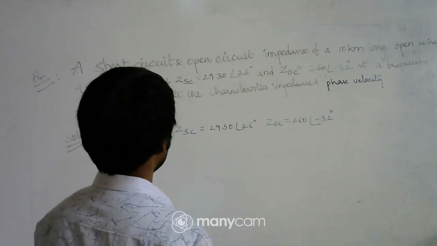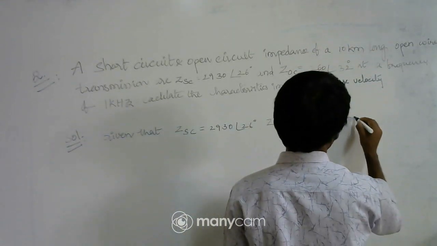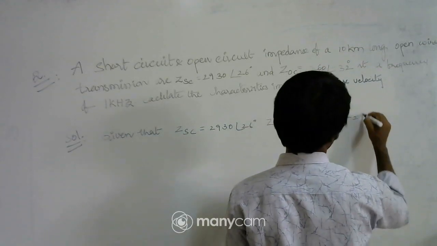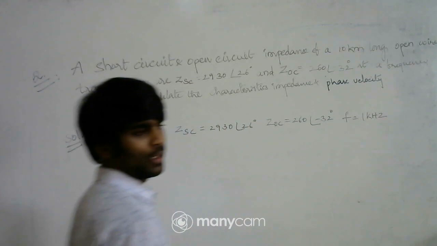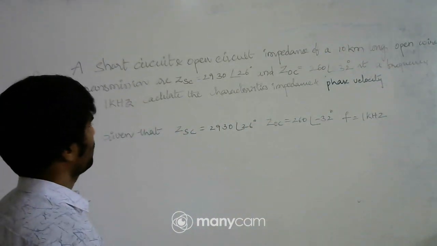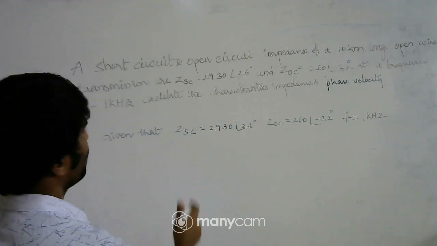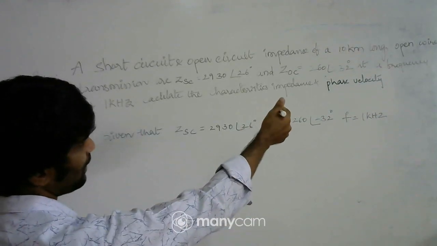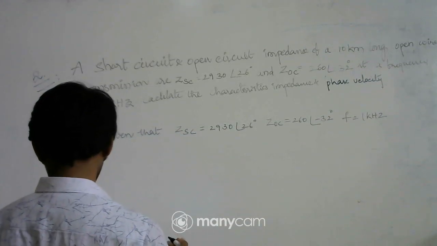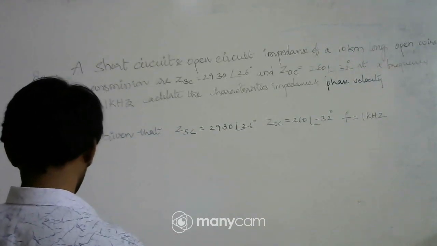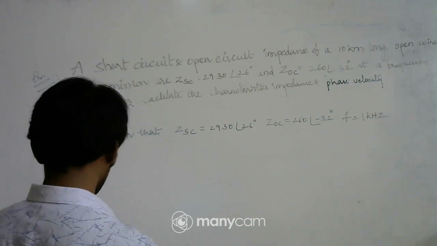Next, frequency F is equal to 1 kilohertz. One more parameter we have: the 10 kilometers length, that is the L value. You need to note down that L value.